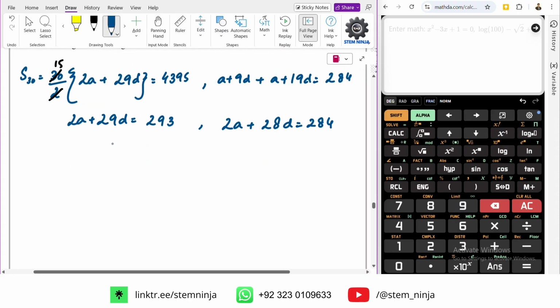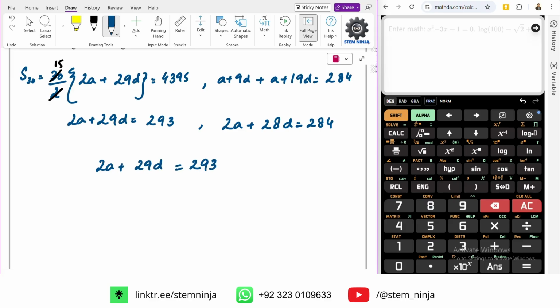So we have two conditions. So 2a plus 29d equals to 293, and 2a plus 28d equals to 284.